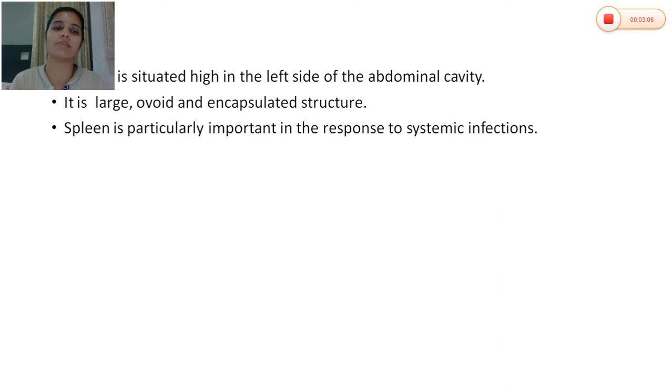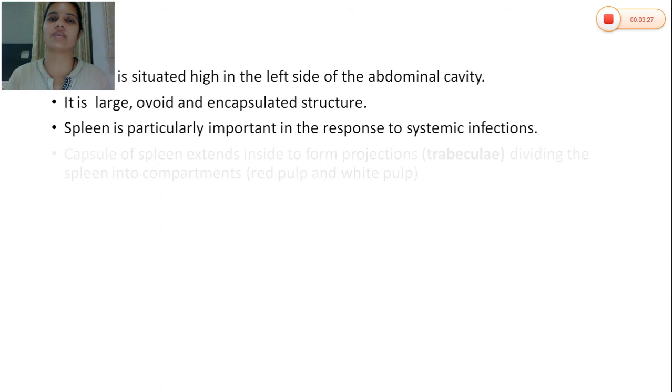So the blood-borne antigens and lymphocytes are carried to the spleen through the splenic artery and are sent out through the splenic vein. The spleen specializes in filtering the blood and trapping the blood-borne antigens. Thus, it is particularly important in giving response to systemic infections.